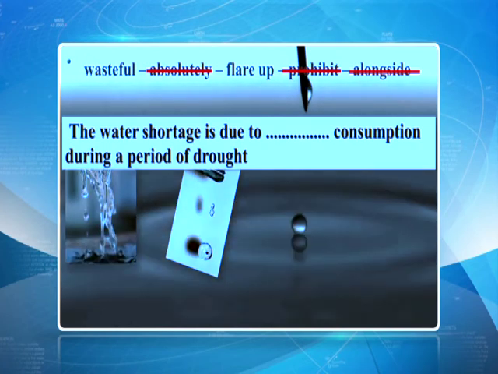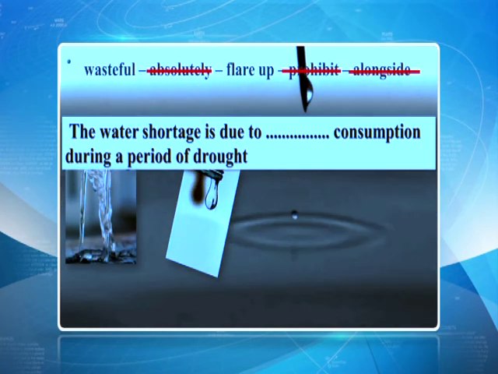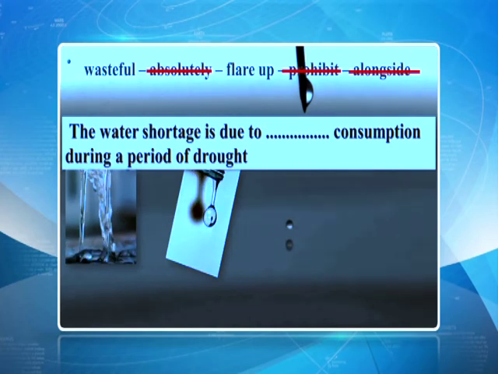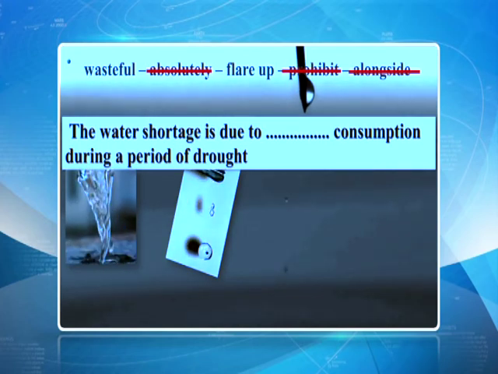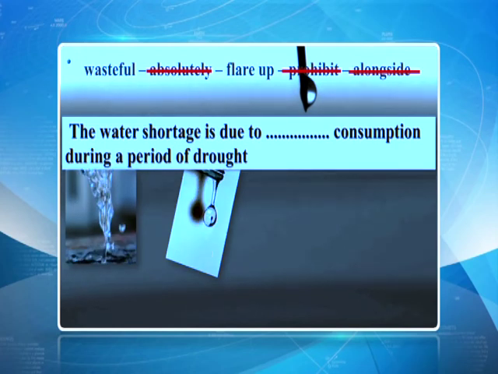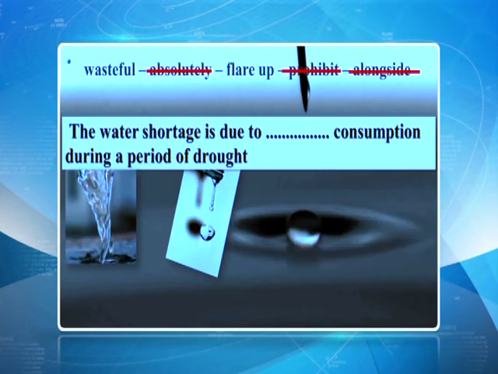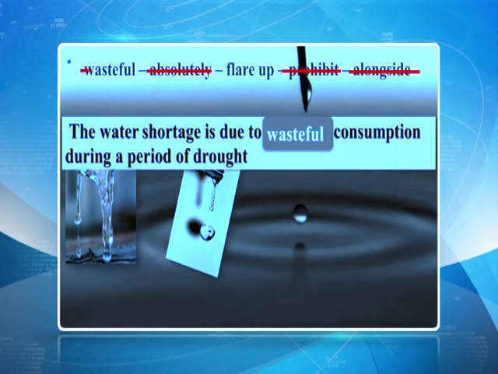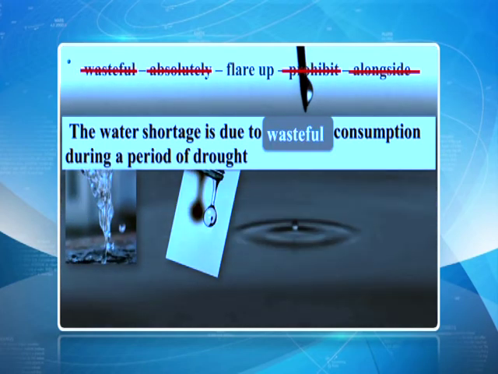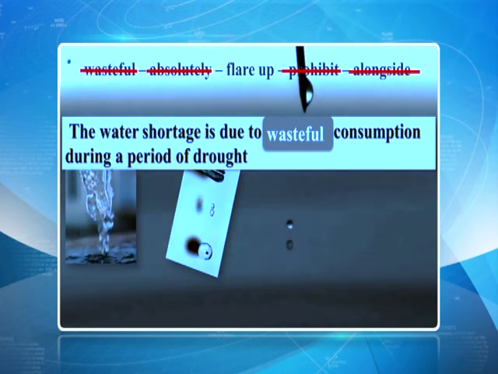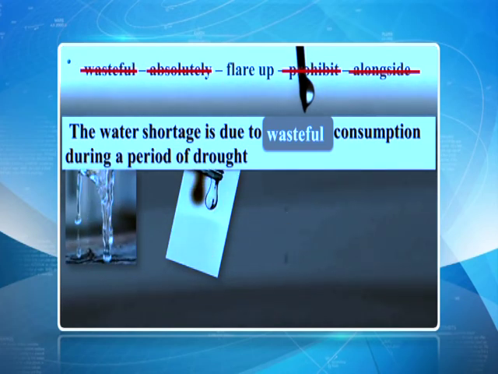The water shortage is due to consumption during a period of drought. We have two words left. We have flare up and wasteful. Which one? Wasteful. Fantastic for those who have tried. The water shortage is due to wasteful consumption during a period of drought.